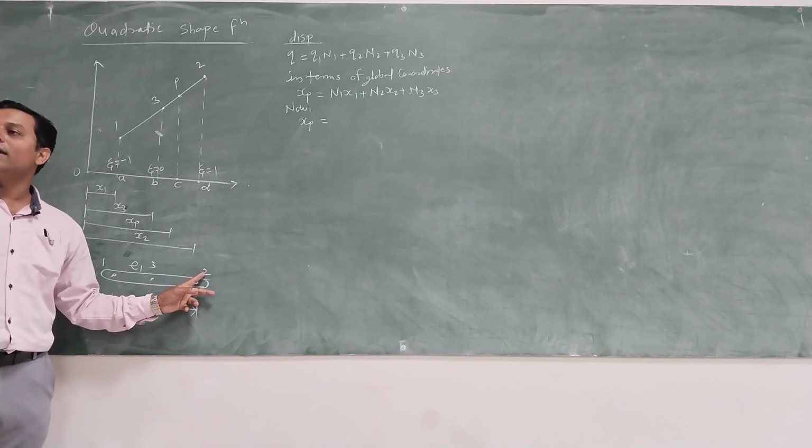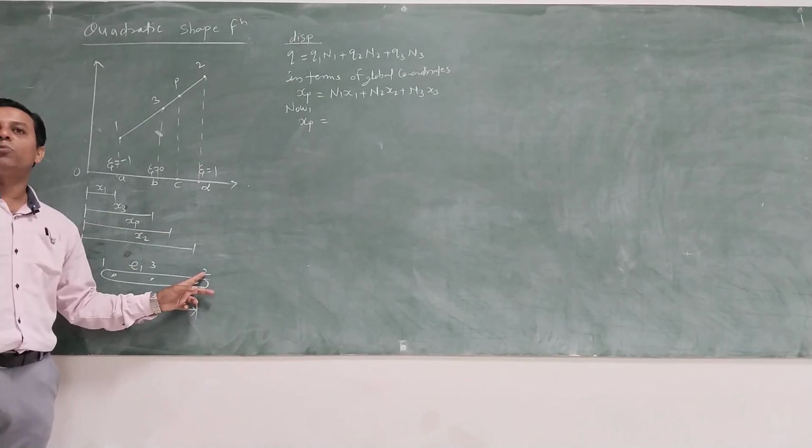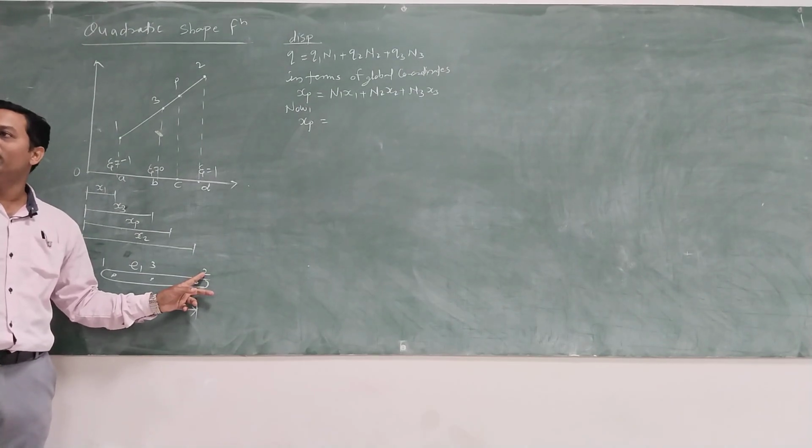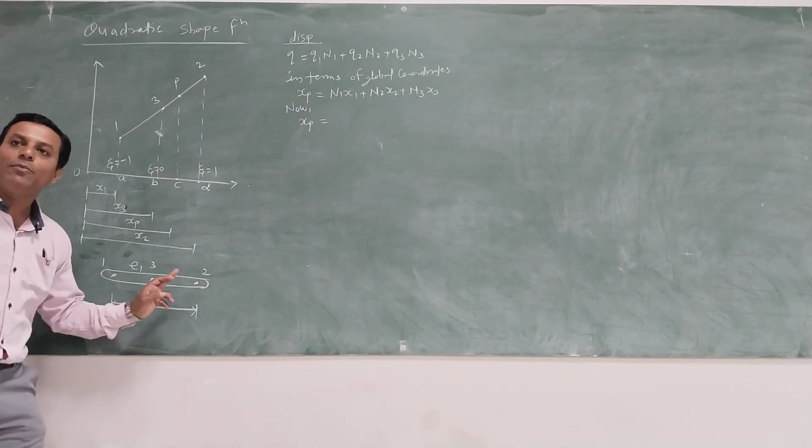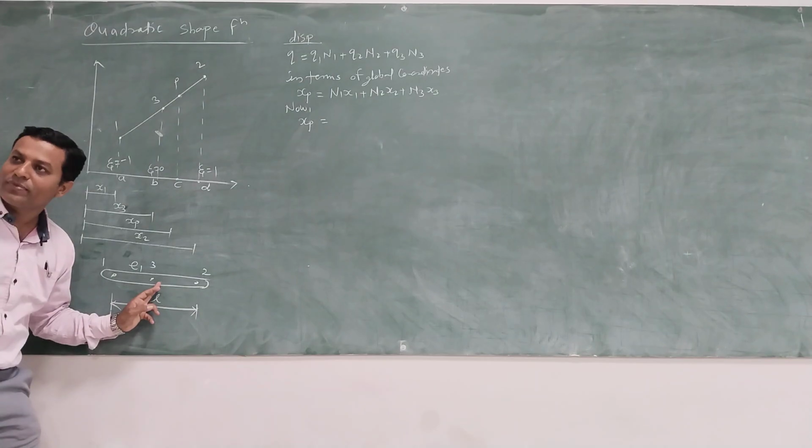Whenever you want higher accuracy for the intermediate points, that is the displacement of intermediate points, then we select more number of nodes instead of 2. So instead of 2 I am going to add one more node.